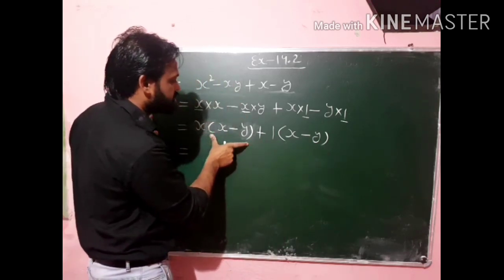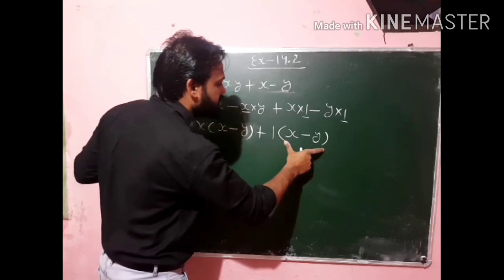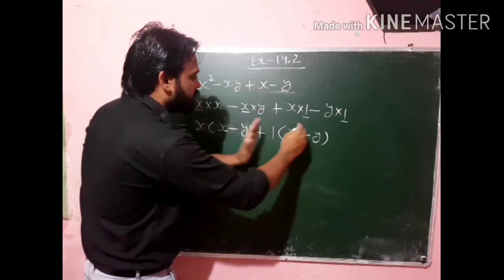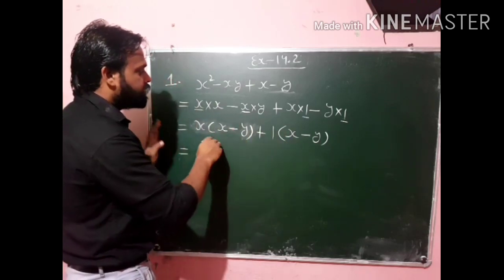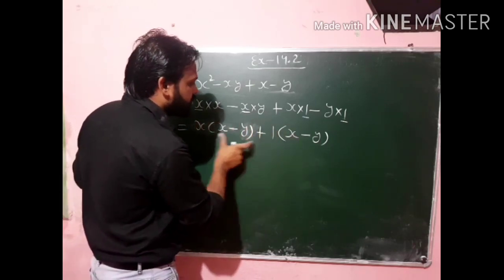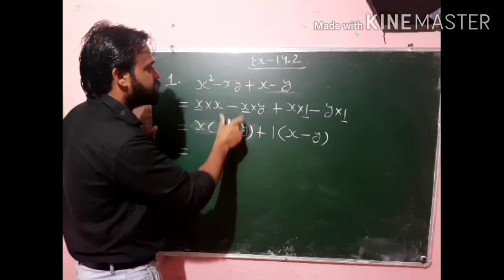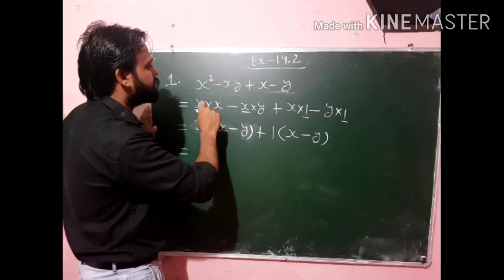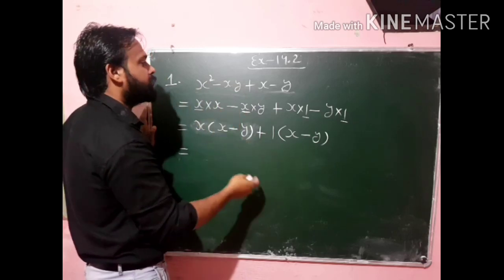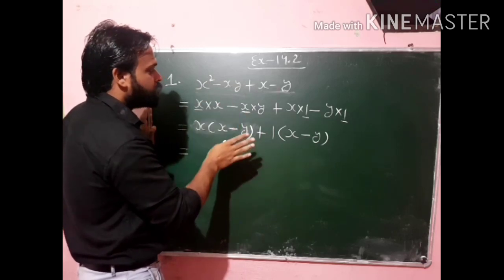In the first group x minus y, and in the second group also x minus y, meaning these two brackets should always be equal. If we are not getting equal terms in the brackets, it means we had not selected proper groups, not proper terms in each group. In that case we have to solve the sum again. I hope this is clear to you.